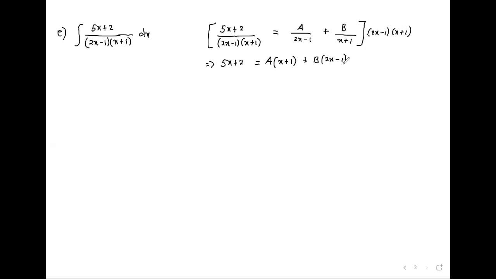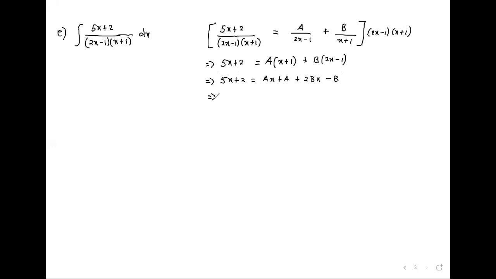(2x minus 1). So if you expand, you have 5x plus 2 is equal to ax plus a plus 2bx minus b. And then equate like terms to like terms.